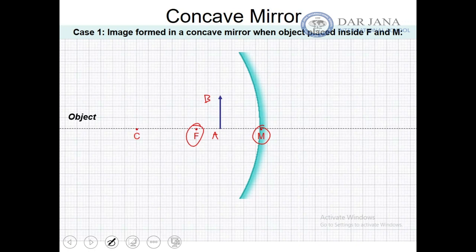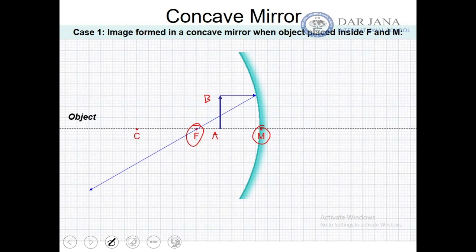The first light ray will be parallel to the principal axis. As we said, any light ray parallel to the principal axis will have its reflection pass through point F.